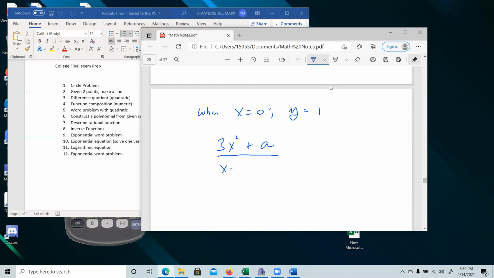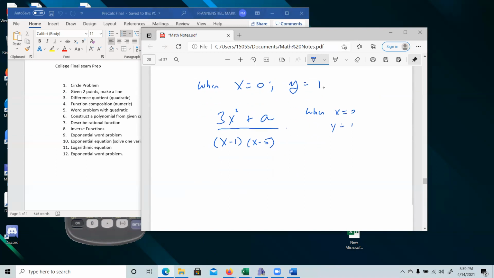And on the bottom, we still have x minus 1, x minus 5. And when x is 0, y is equal to 1. So why don't we just go ahead and do that? Set x equal to 0, and we're going to get 0 plus a divided by, well, we have 0 minus 1 here. Actually, let's go slow. Zero minus 1, and then we have 0 minus 5, and this is equal to 1.